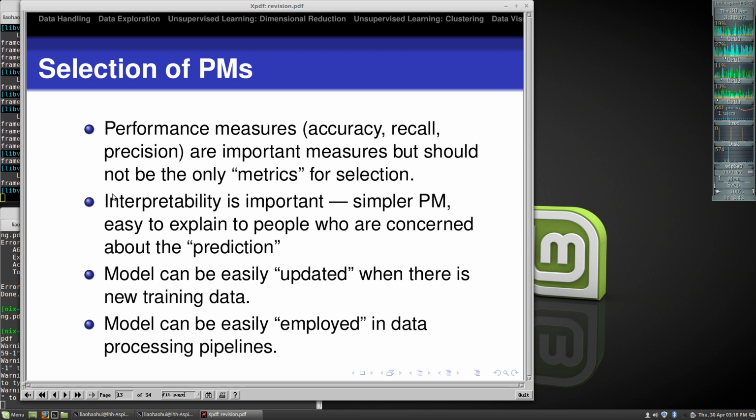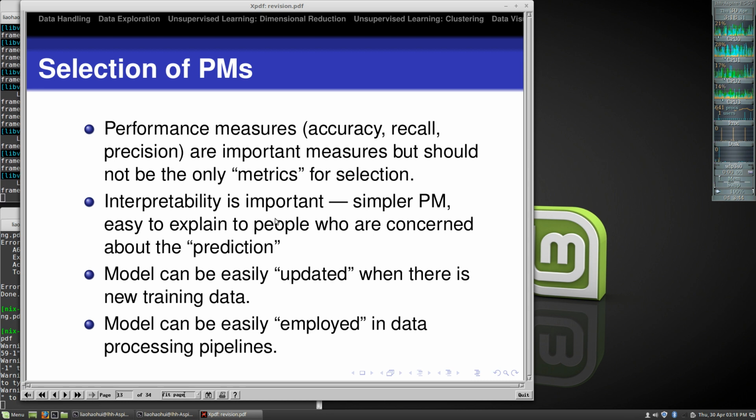But many of you have forgotten that models don't just give us decisions. A lot of times, especially in management, we need to explain to people, and explanation requires an understanding of the model.